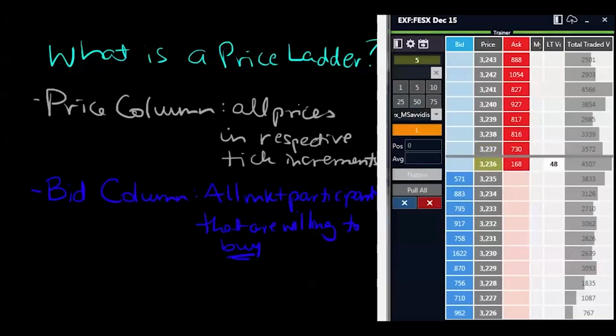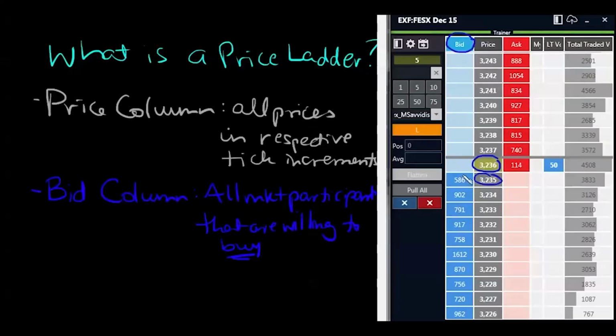If we take a look over here, this column here is our bid column. Currently the market price that is trading is 32.36. At 32.35, as you can see in here, there are 586 lots currently being put there. That's obviously changed. This is a live market, a live simulation of the Eurostoxx.